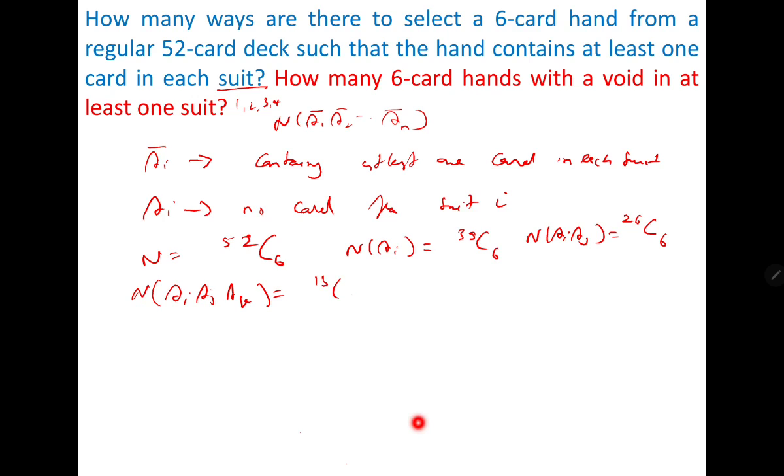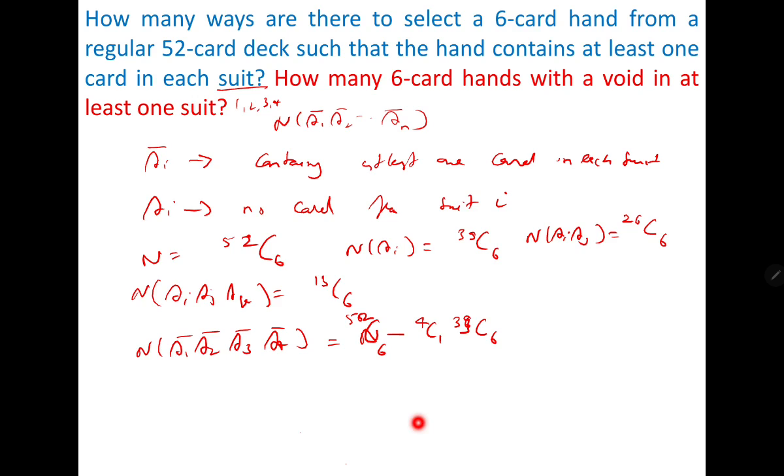It means that n of a1 bar, a2 bar, a3 bar, and a4 bar is n minus the summation of n of ai. So 4 sets are there, so 4C1 times 39C6, and here n is 52C6.